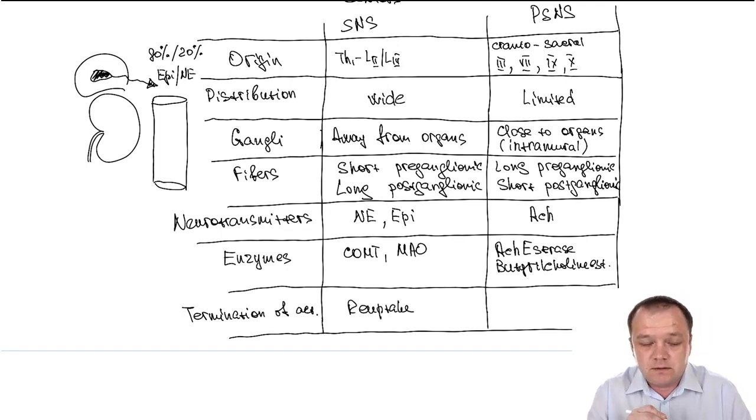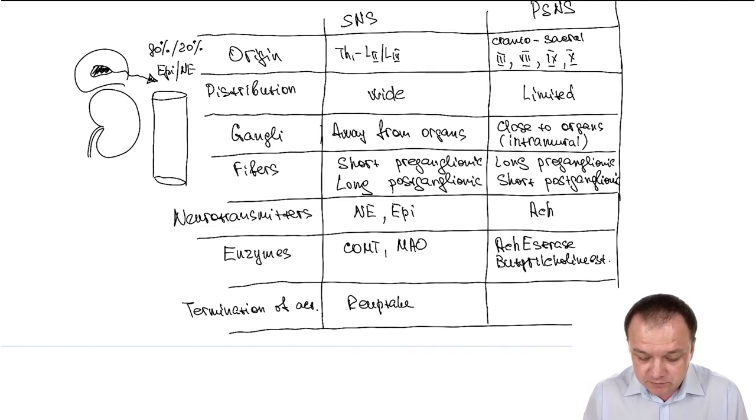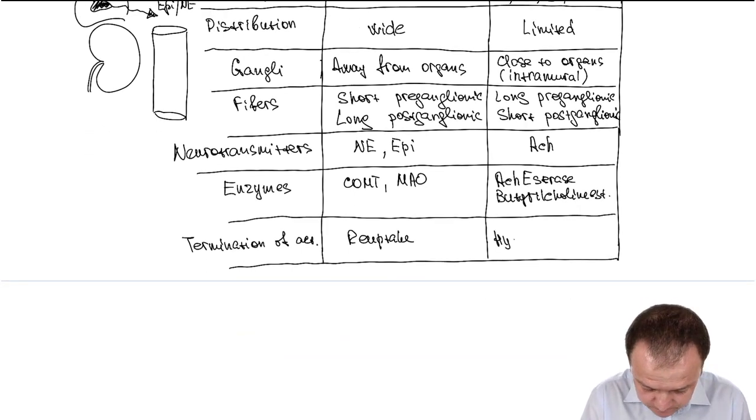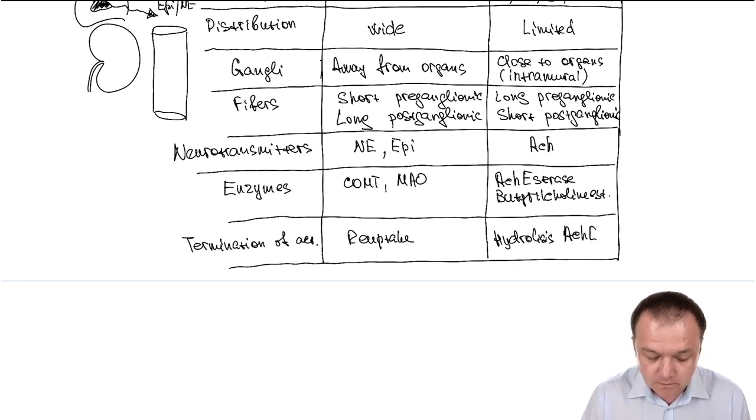So around 80% of norepinephrine present in the synaptic cleft goes back with the norepinephrine reuptake transporter, and the synapse uses it again. But the major mechanism of termination of action in cholinergic synapses is hydrolysis by acetylcholinesterase.